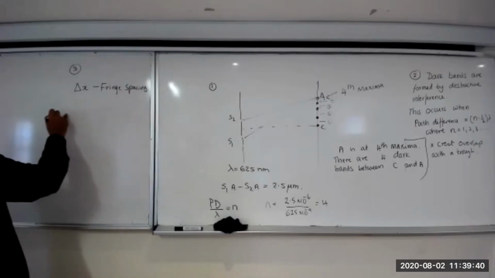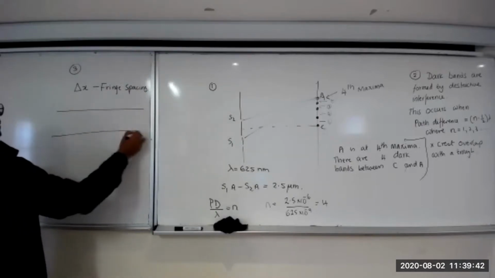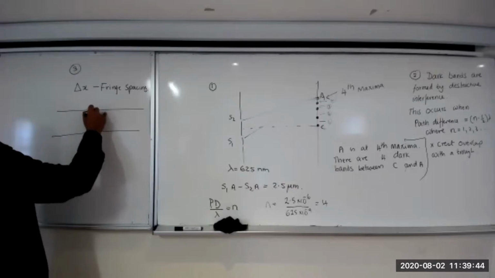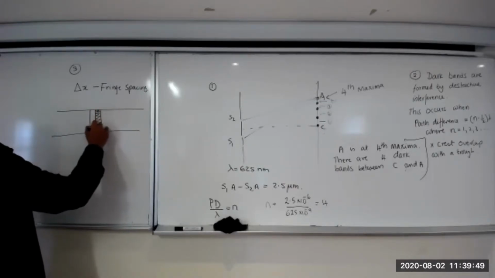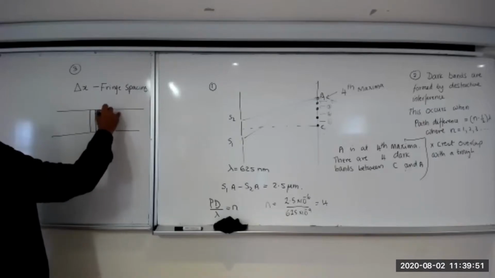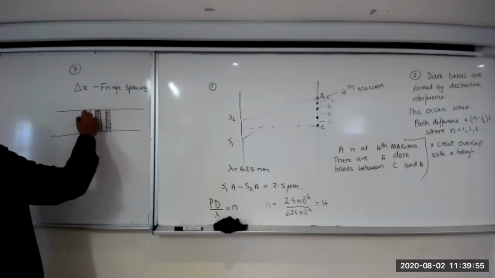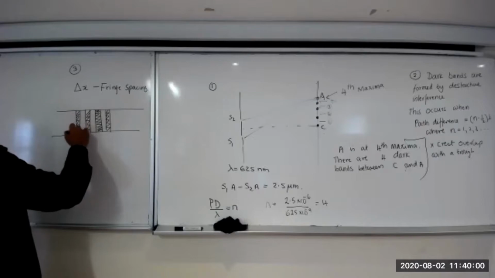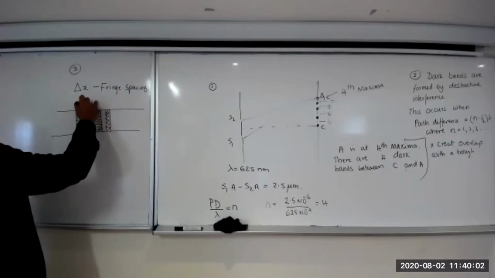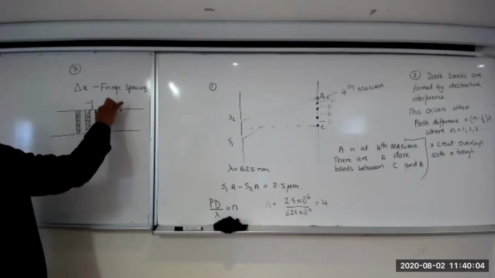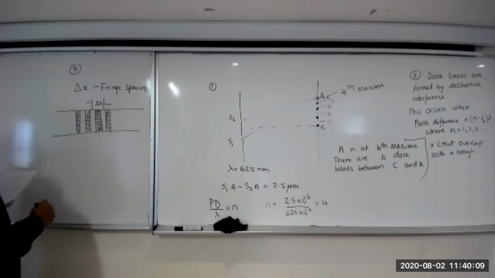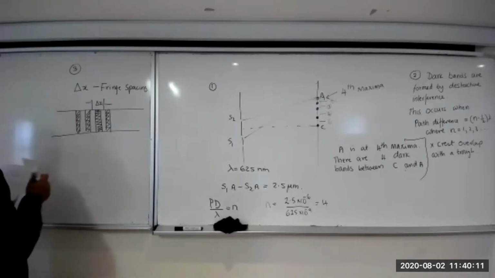Fringe spacing is, if I get a series of bands, this is a bright one and a dark one, and a bright one and a dark one, and so on. So this is what we call the fringe spacing. It's the distance between 2 antinodes or 2 nodes.